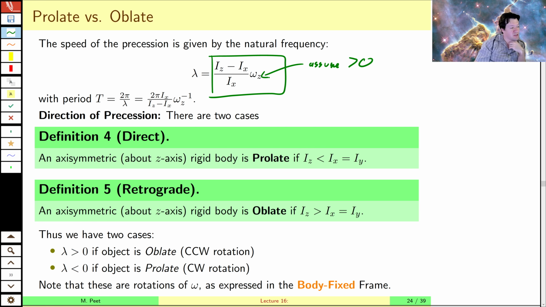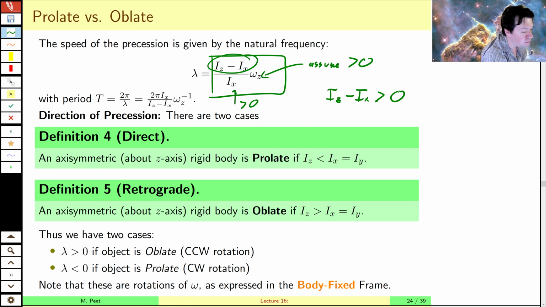So then we can look at the remaining terms. Well, Ix is positive, so that's not going to change. The only thing that can possibly change sign is this, the Iz minus Ix thing.